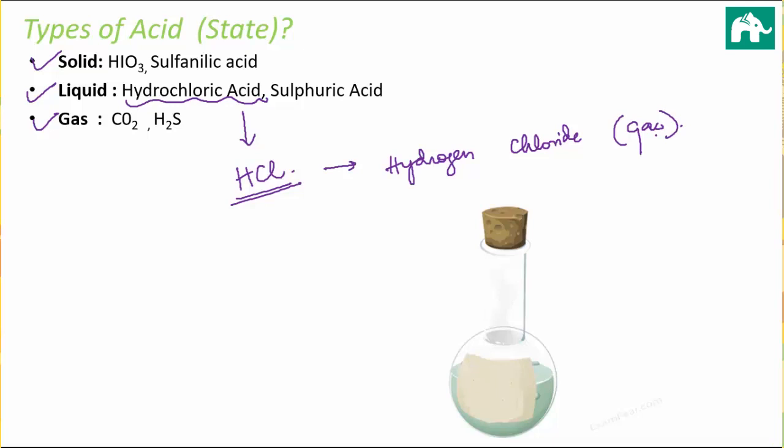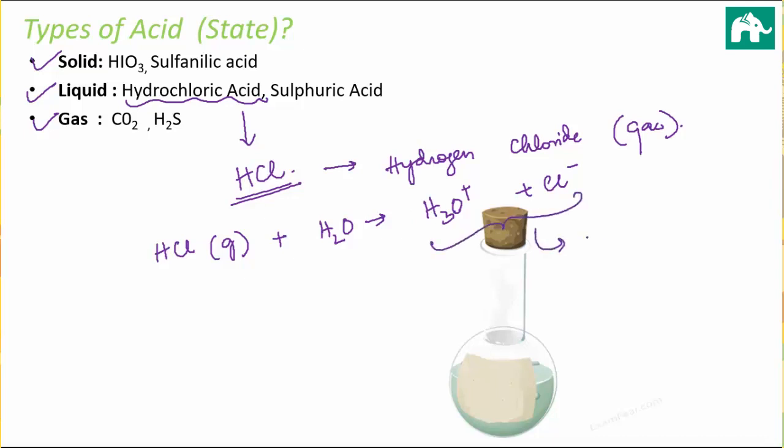When hydrogen chloride gas is dissolved in water, we get H3O+ Cl-, and from here we get hydrochloric acid, which is in liquid form.